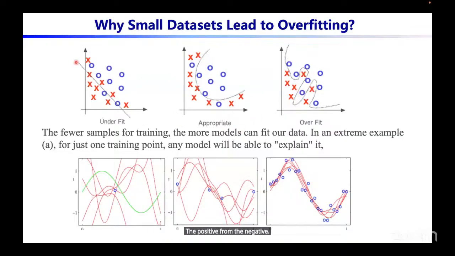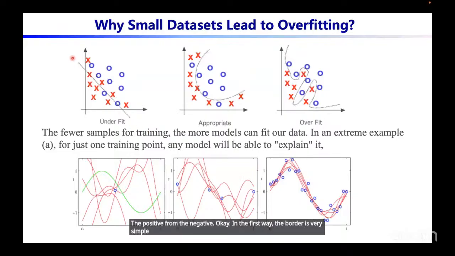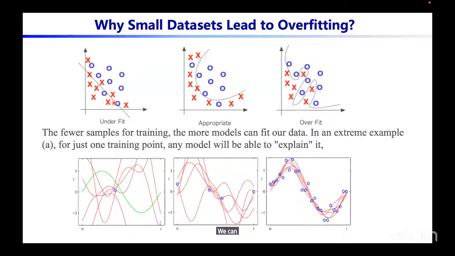In the first way, the border is very simple. It represents a simple machine learning method. We can see that we actually have a larger error. We can draw a more sophisticated border, but again, we may have a few errors here.